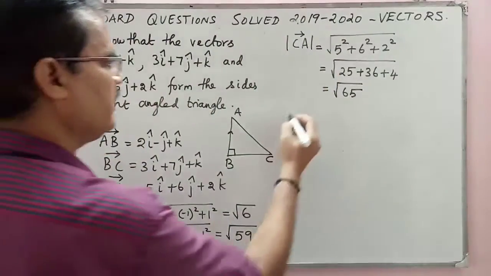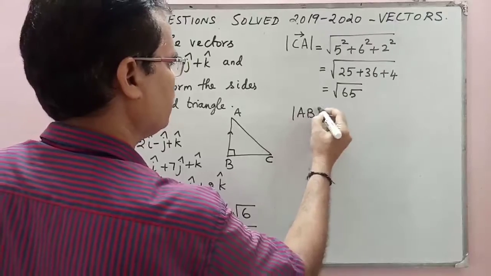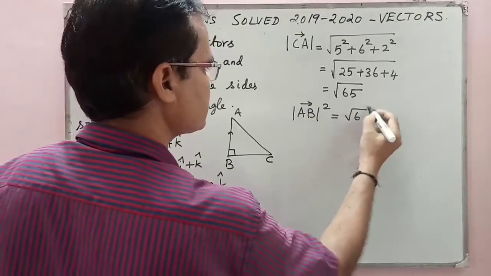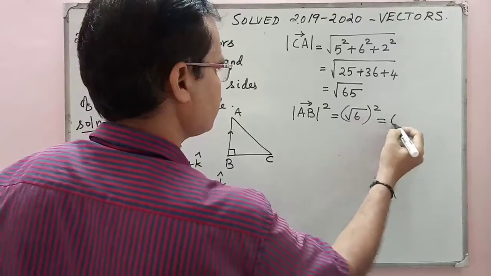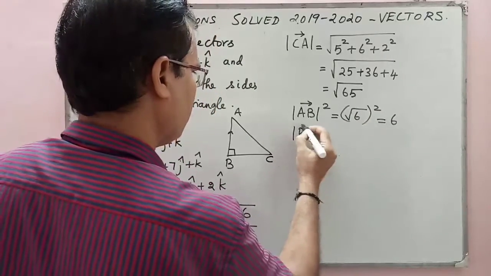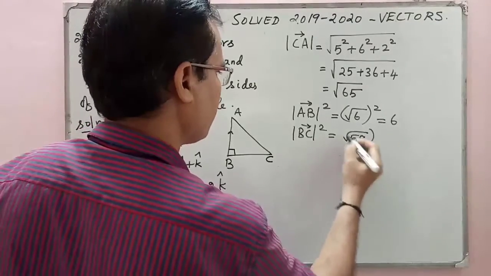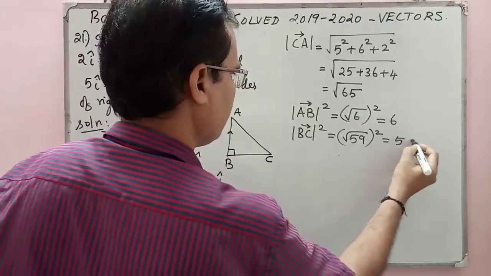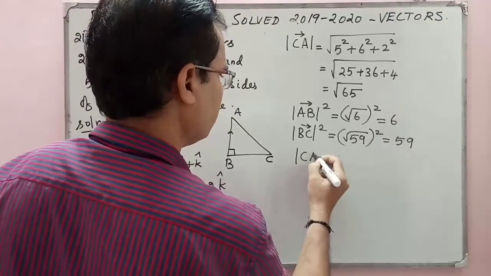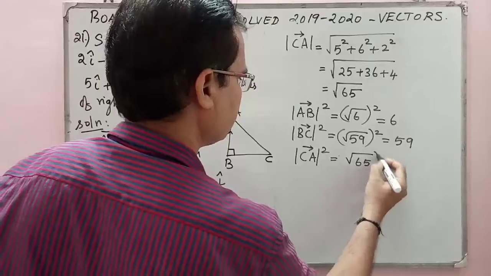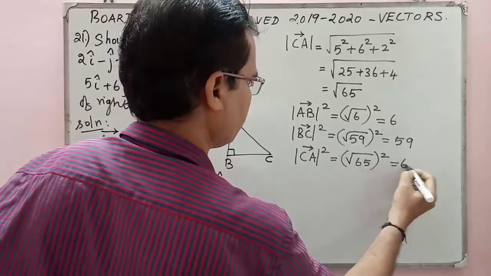Now you can square the magnitudes which you found. AB squared equals root 6 squared, which is 6. BC squared equals root 59 squared, which is 59. CA vector squared equals root 65 squared, which is 65.